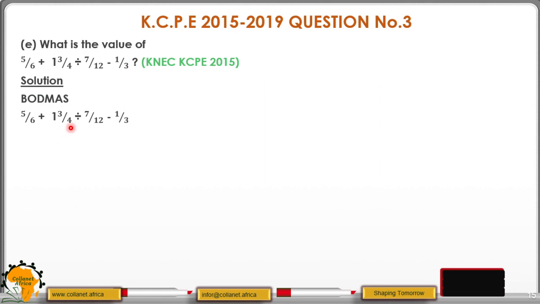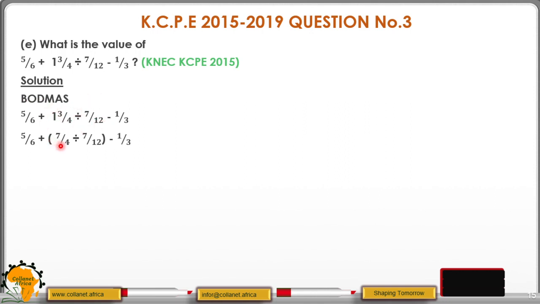So in this case, we are going to start with division. Because we don't have brackets or operations, we're going to start with division. So we put the bracket on the neighboring sign, so this one and that one.